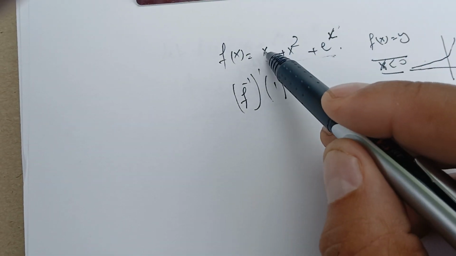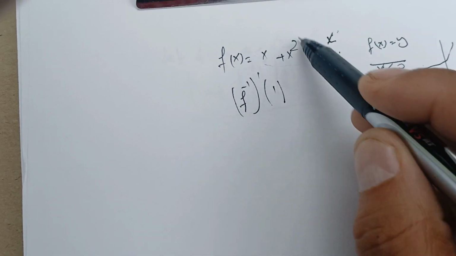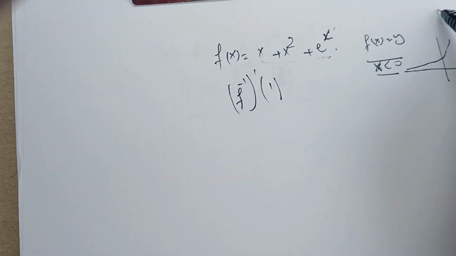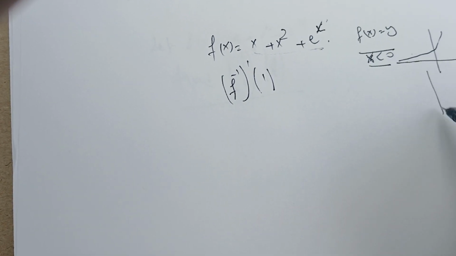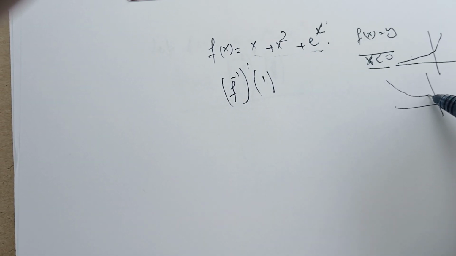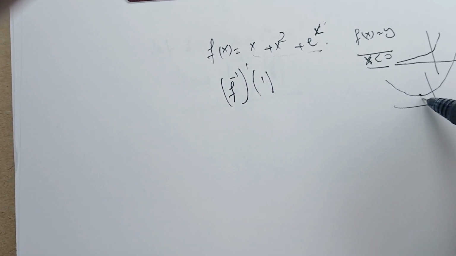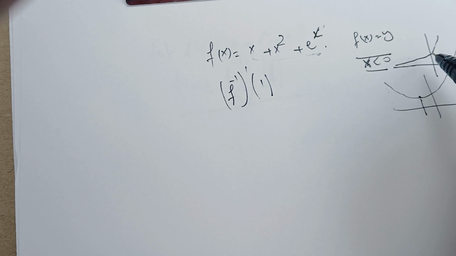So that means the x plus x squared dominate, and this is like a parabola. So there is some suspicion that the function might be increasing on some points and decreasing on the others.